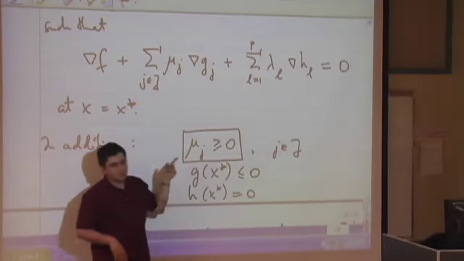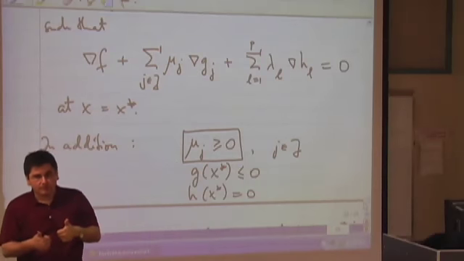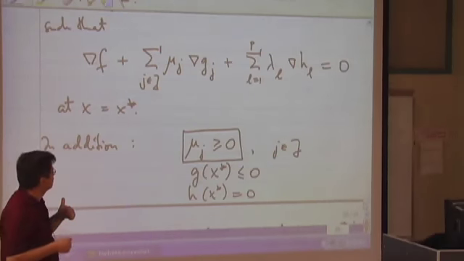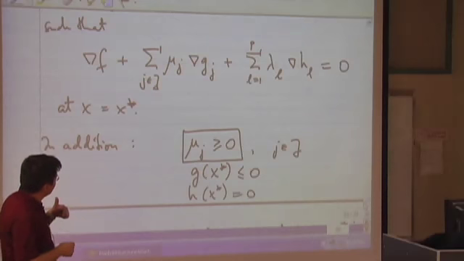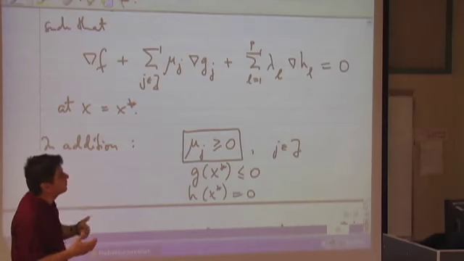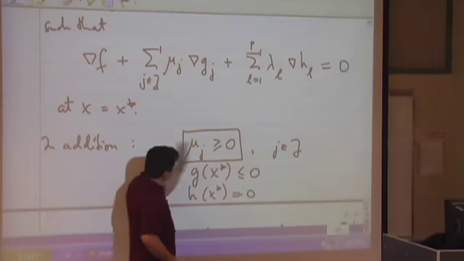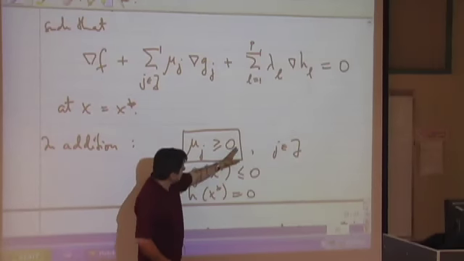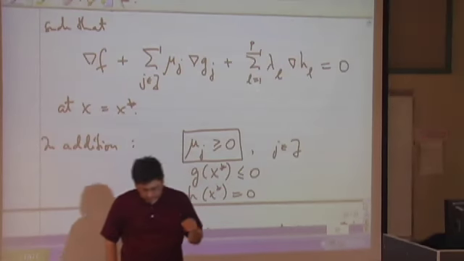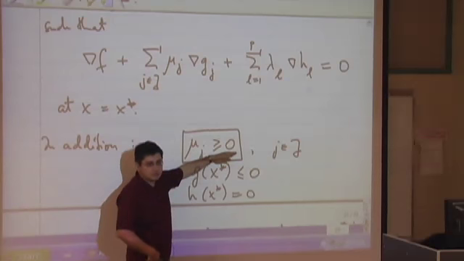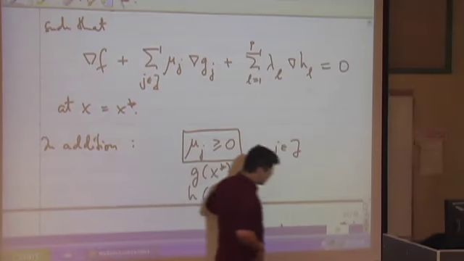Some are strictly 0, and some are strictly greater than 0. The ones that are strictly greater than 0 will correspond to binding constraints. And of course the other two things here.